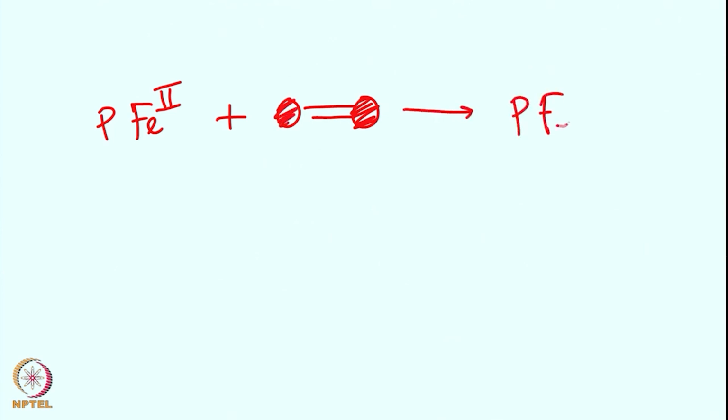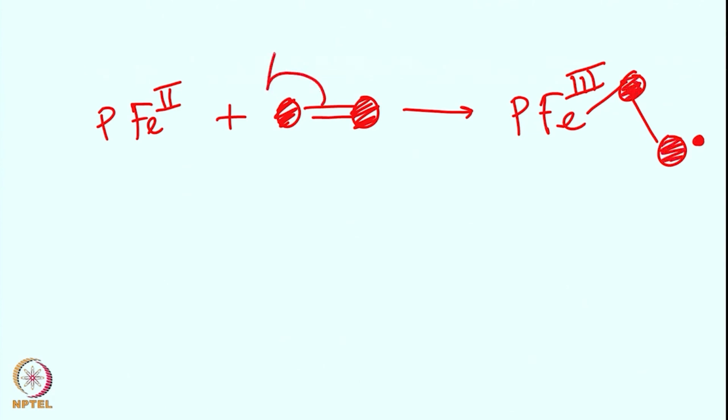So, the moment you have an iron 2 porphyrin system, let us say P, it reacts with oxygen, let us say this is labeled oxygen, to give you the iron 3 superoxo species. That is the first formed species. This is the superoxo species radical cation.